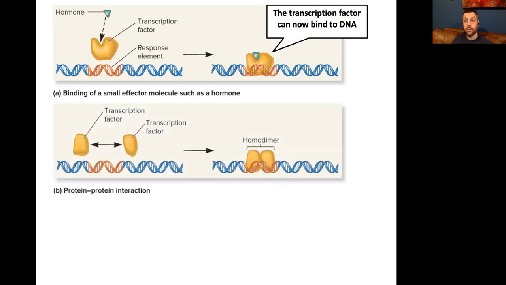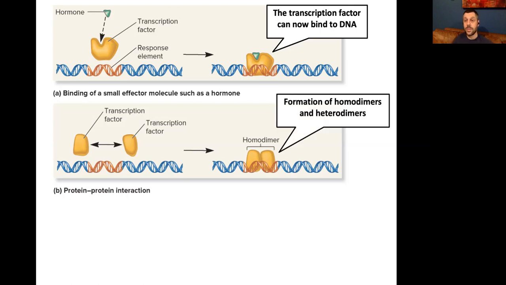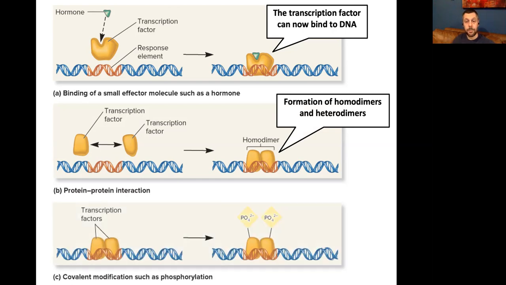Here's an example of protein-protein interactions. Here we have two transcription factors that are required to talk to each other via a protein-protein interaction before they can bind DNA. This could be two of the same thing, that's a homodimer, or it could be two different proteins, which would be a heterodimer. But in any case, it requires two proteins to join together to bind DNA.